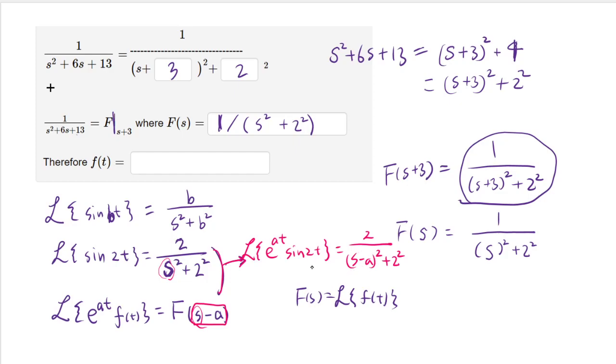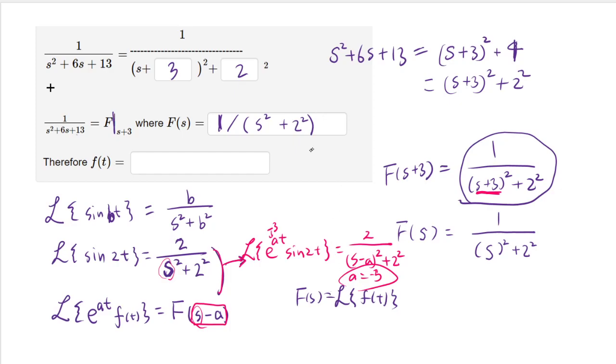And for our specific purposes where I need exactly s plus 3, you would get s plus 3 if a was negative 3, right? If a is negative 3, then plugging in negative 3 into a, you get s minus negative 3, which is s plus 3. So you need negative 3 here, negative 3 here. And we're almost there.